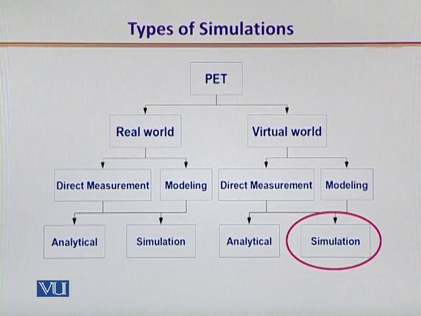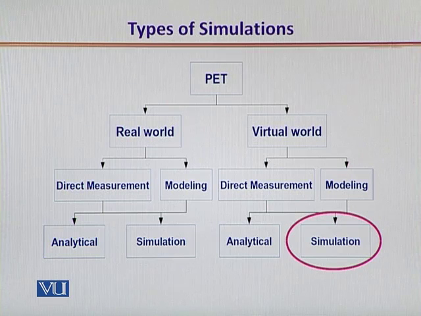If you want to classify the performance evaluation techniques, as we shortly discussed, in the real world, direct measurements provide good insight into the real world system, but lack the coverage and the comprehensiveness. So what do we do? As you can see, here we have direct measurement and modeling. So modeling can be considered as an almost alternative to direct measurement.